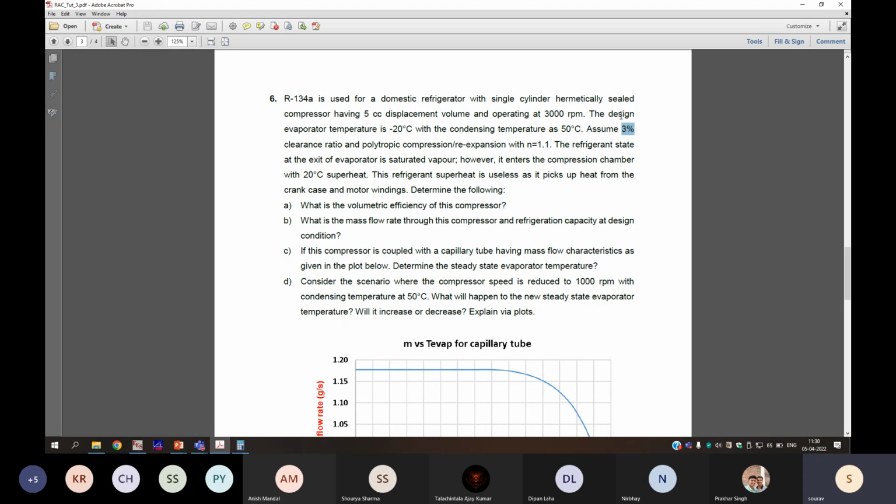From all this, you should be able to get the volumetric efficiency. What is the mass flow rate delivered by this compressor and what is the refrigeration capacity? Mass flow rate delivered would be rho times volumetric efficiency times displacement volume. And rho has to be calculated at whatever the saturation pressure is at -20 and the temperature is +20. That is the only thing you have to be careful about.